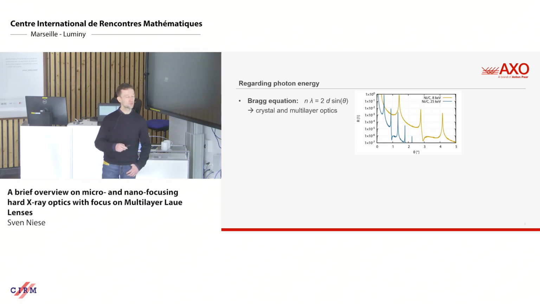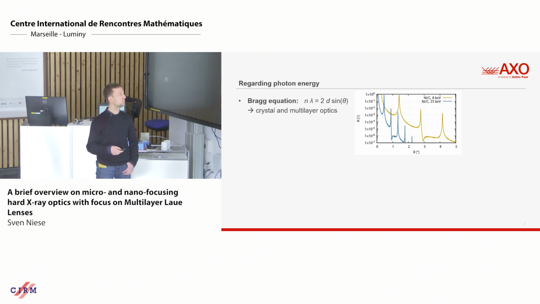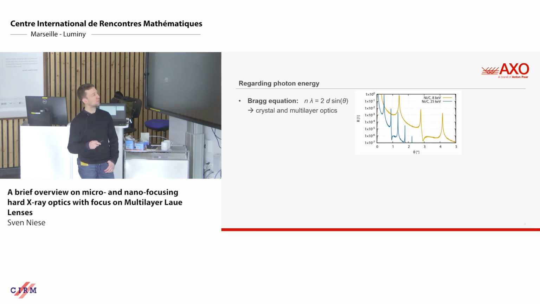The graph here shows the situation for a nickel-carbon multilayer, which is a typical multilayer that we apply. For the multilayers, the period, so the d, is larger than for the crystals. Therefore, all the angles are smaller, and you can see that you will have the first order Bragg peak here in the order of a bit more than a degree.